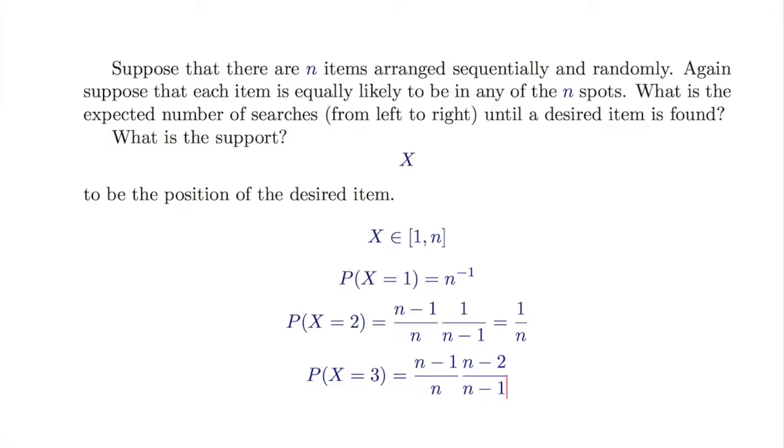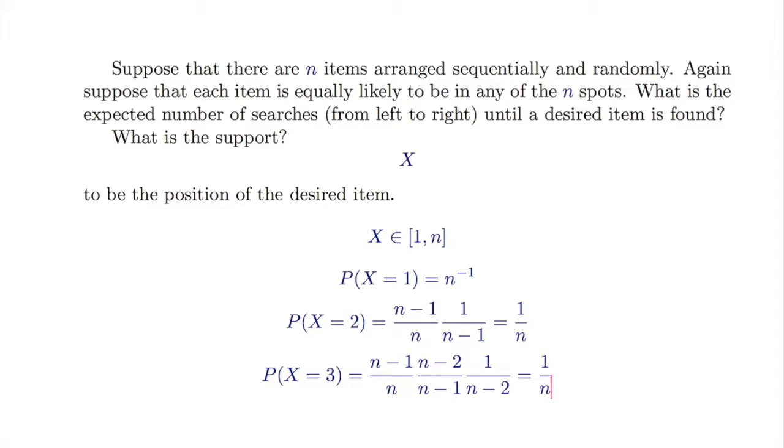And now we have one choice out of the remaining n minus 2 items for picking the true desired item. Again we see this cross pattern here: n minus 1's canceling, n minus 2's canceling, and we see that this is equal to 1 over n, right? Okay, great.